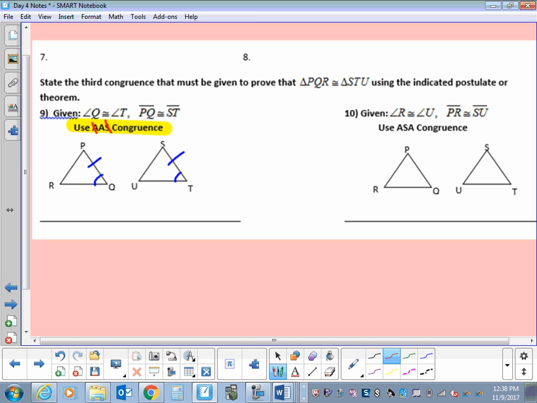What am I missing? Another angle. Where would that angle go? Would it be P and S, or would it be R and U? Do you see why it would be R and U? Because if it was P and S, that makes it an angle, side, angle. We don't want that. We want angle, angle, side. So we're plugging in angle R is congruent to angle U. That's what we're missing.